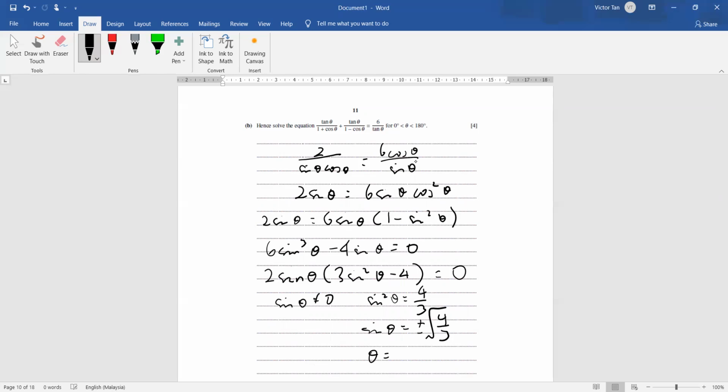Theta equals, now there are only 2 solutions between 0 and 180. So there's a problem here.